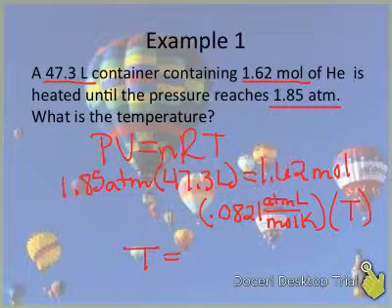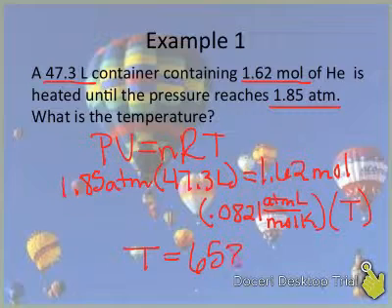What are we getting? We get 657.9, right? How many significant figures do we get to keep? 3, so we're going to round that to 658. And what's our unit going to be? Kelvin.